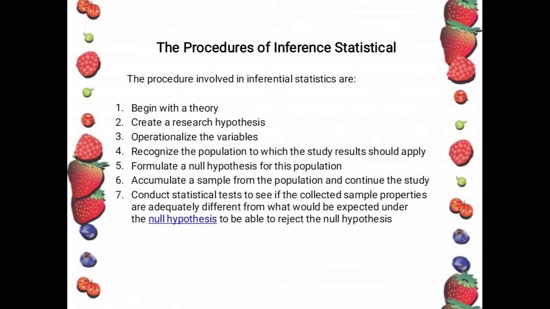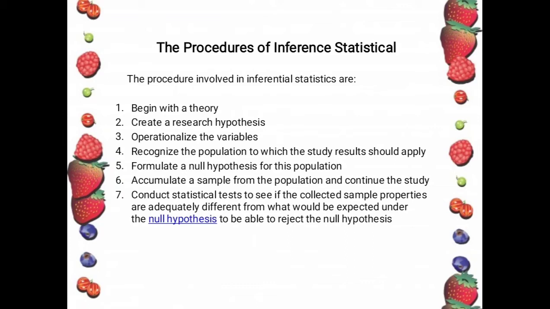Next, the procedure of inferential statistics. The procedures involved in inferential statistics are, number one, begin with a theory. Second, create a research hypothesis. The third, operationalize the variables, and then recognize the population to which the study result should apply, and then formulate a null hypothesis for this population.